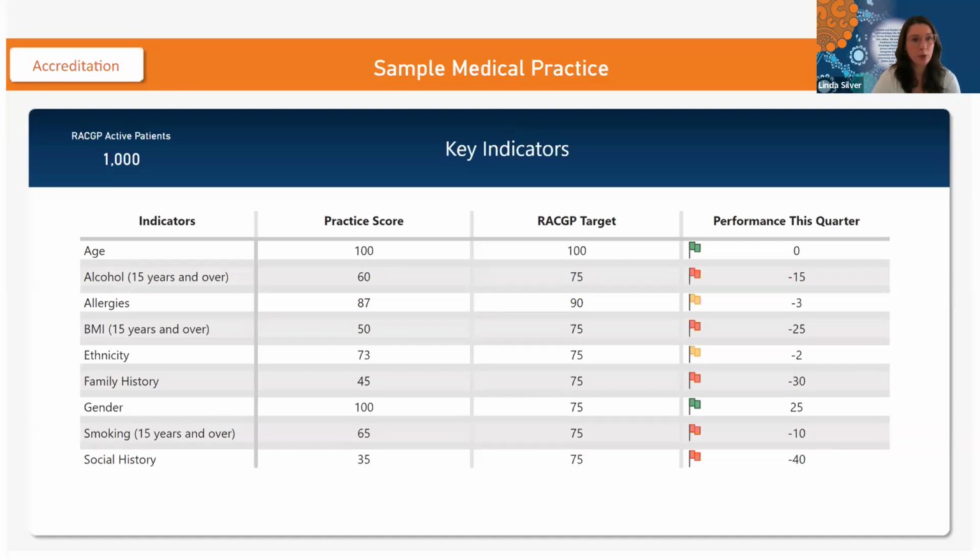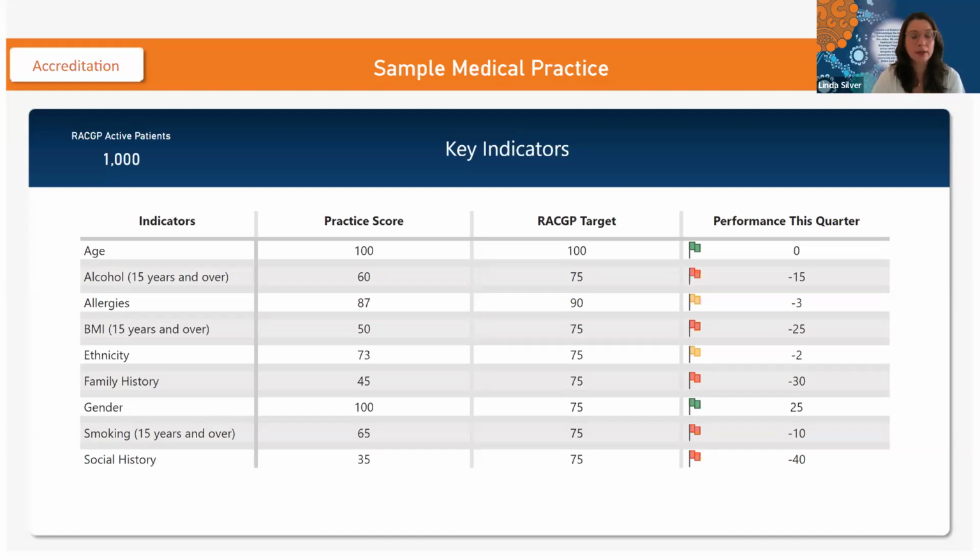This report is based on the RACGP active patients at your practice, so patients that have visited at least 3 times in the last 2 years. Indicators are ordered alphabetically, and next to it you can see your practice benchmark for that quarter, which is then compared with the RACGP accreditation target.